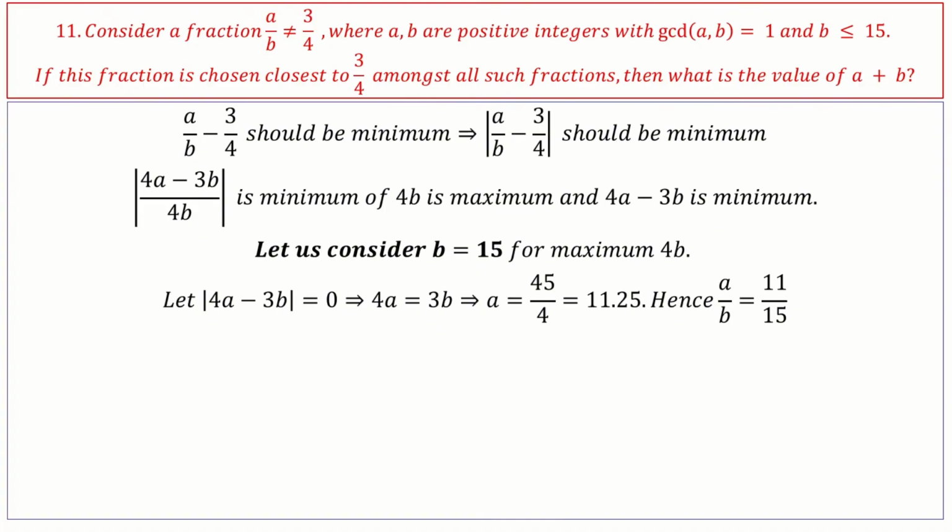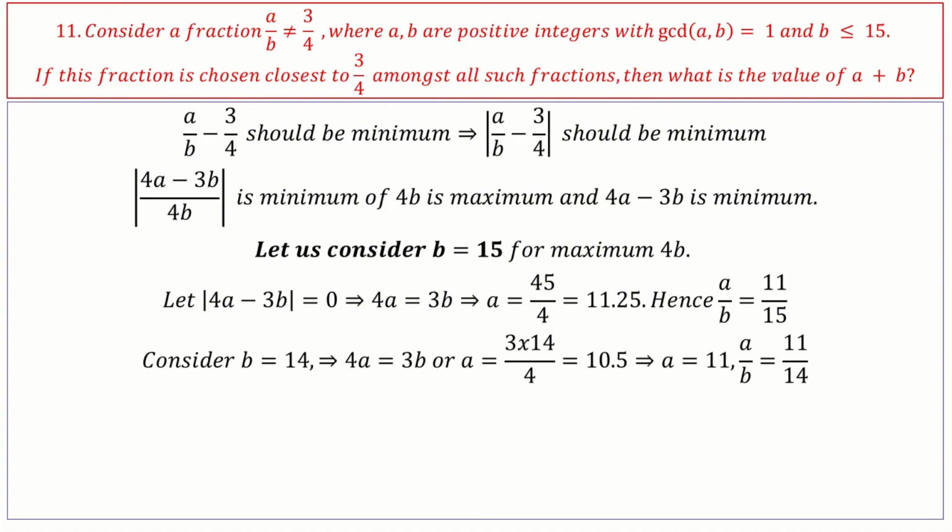You can also consider 12 here, and find out which of 12 by 15 or 11 by 15 is closest to 3 by 4. But we can easily tell 11 by 15 is closer to 3 by 4 than 12 by 15. So one option is a by b is 11 by 15. Now let's also see different values.